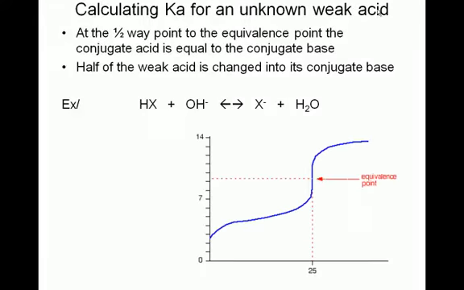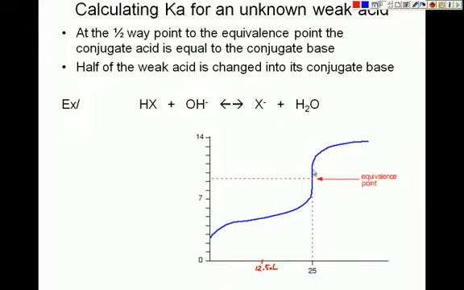So here's the graph that we were dealing with earlier, and we see that the pH half is right about there, which is about 12.5 milliliters. Now this is 25 milliliters.